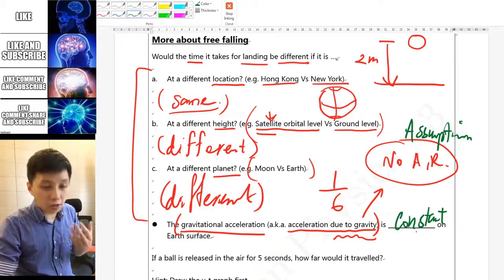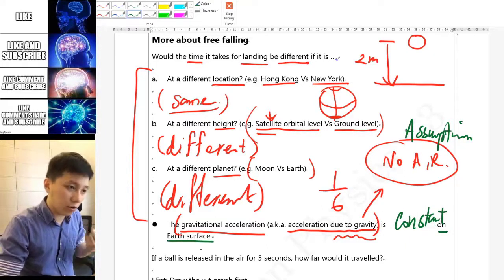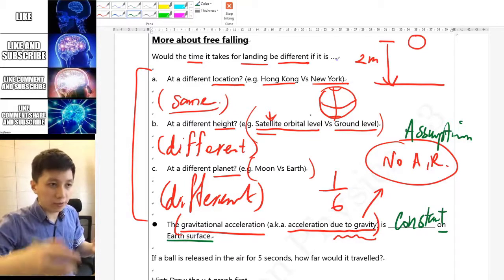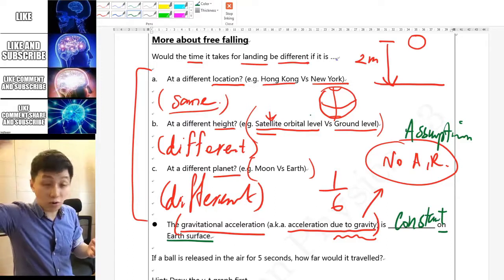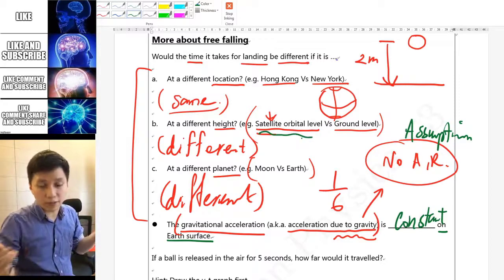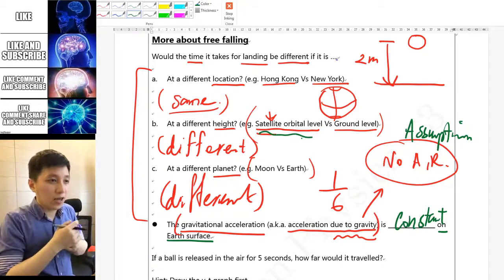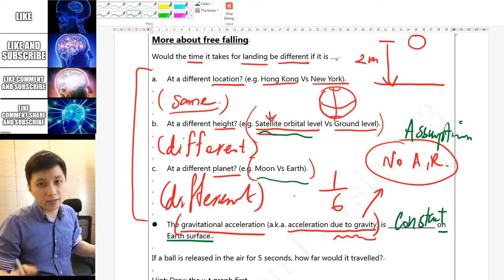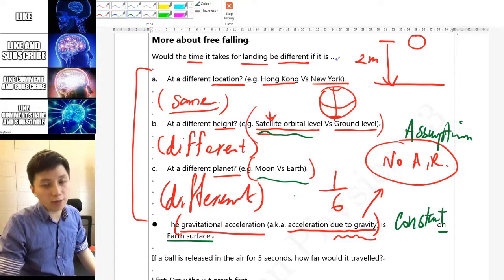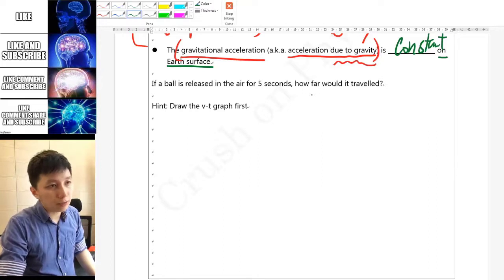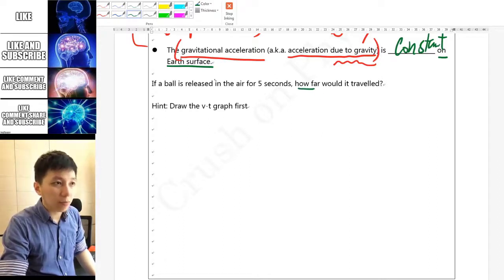However, this is only valid on the Earth's surface. If you do it somewhere else, like really tall, such as satellite orbit, not like a mountain peak, or if you are doing it on a different planet, then of course the free falling time will be different.